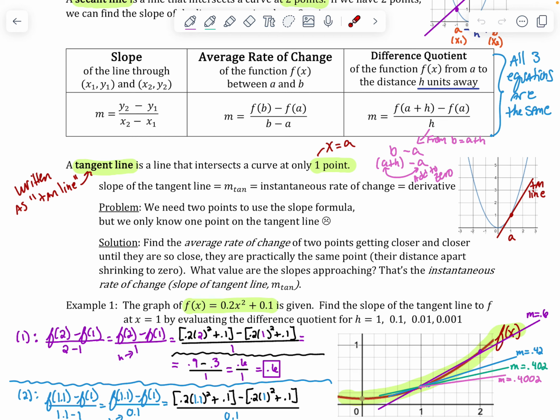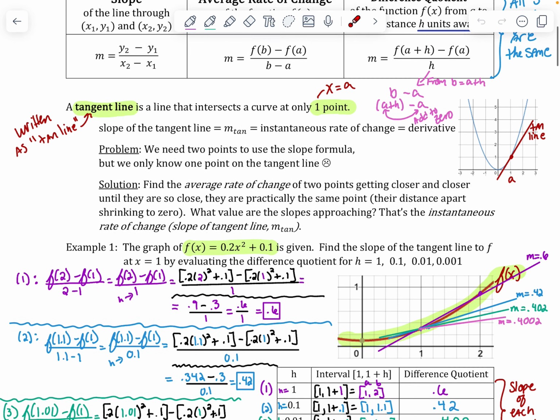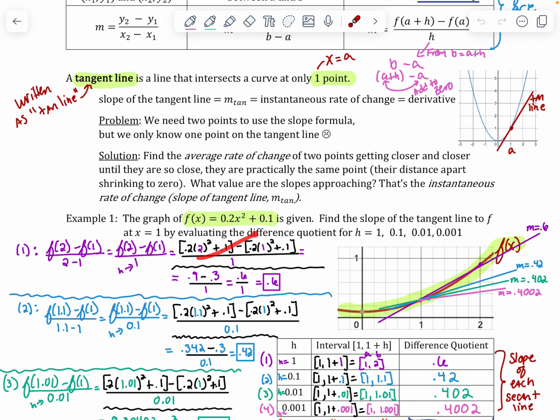But even if I didn't know that, I could have said that I'm using a, which is 1, because I was told to plug in 1. And if we're letting h equal 1, then 1 plus 1 is 2. Notice if I subtract these two numbers, I get the h of 1 that we were talking about. So I'm going to plug 2 into this function.